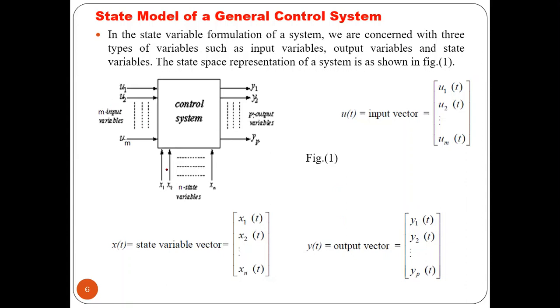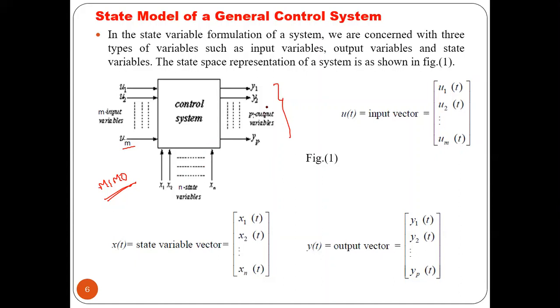Suppose you take a MIMO system, multiple input, multiple output system. Here m inputs are there, say u1, u2, u3 and so on up to um. M inputs are there to the system. And for this system, you will get p number of output variables, y1, y2 and so on up to yp.